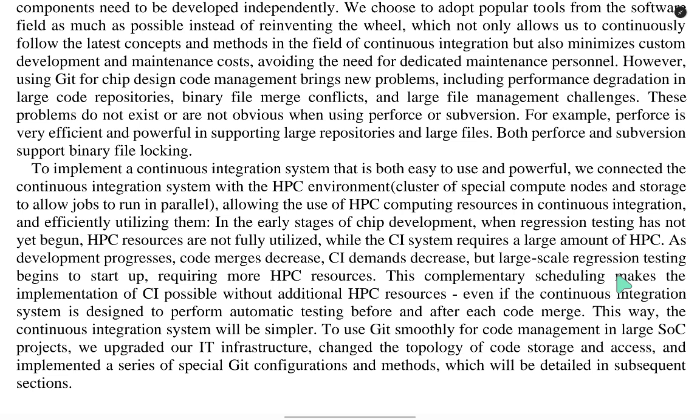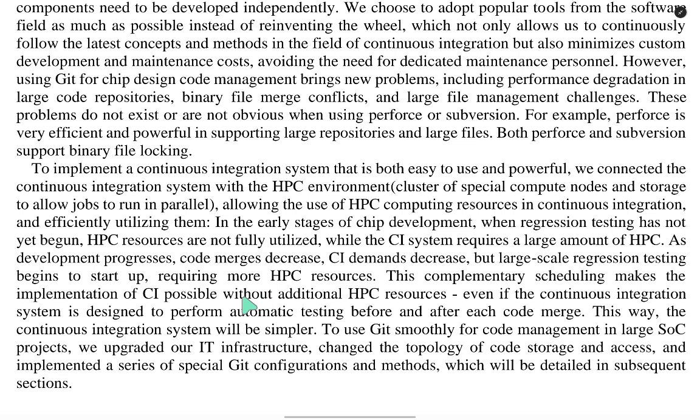This complementary scheduling makes the implementation of CI possible without additional HPC resources, even if the continuous integration system is designed to perform automatic tests before and after each code merge.